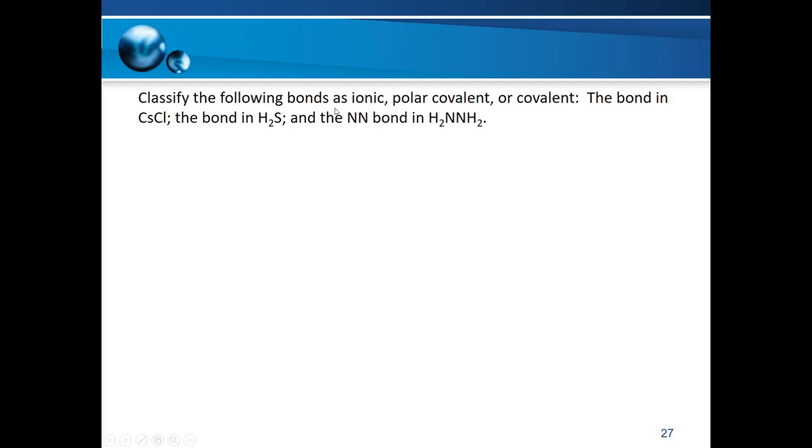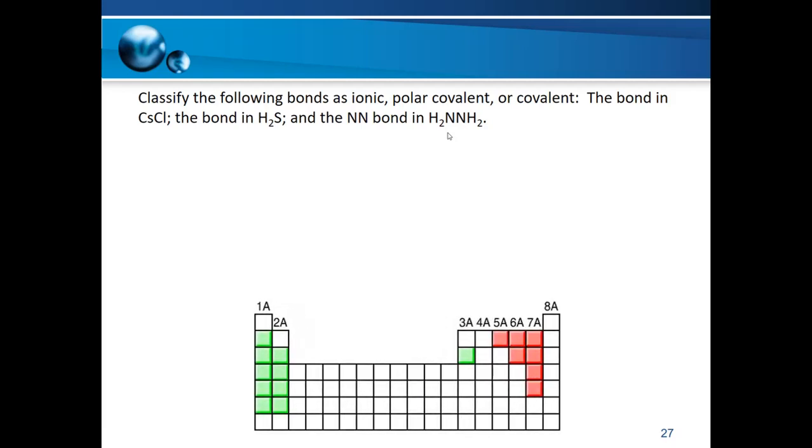Classify the following bonds as ionic, polar covalent or covalent: the bond in cesium chloride, the bond in hydrogen sulfide, and the nitrogen bond in NH2. Cesium is 0.7, Cl is 3.